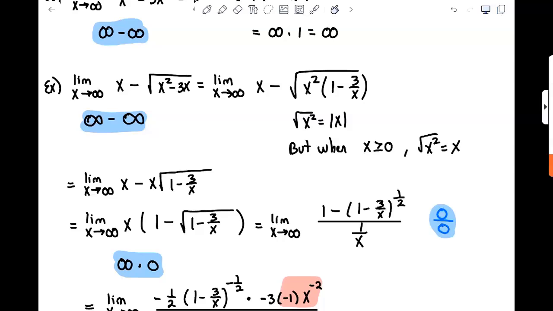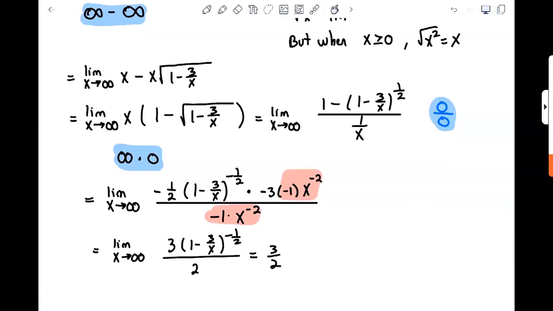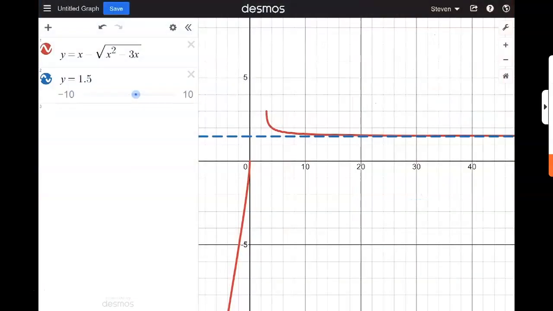So be very careful. It's easy to make sign mistakes. In fact, when I did this another time in the past, I actually got a negative 3/2 because I lost the sign out front. So be really careful. It is easy to make a sign mistake. We can verify graphically that we do have the right situation.